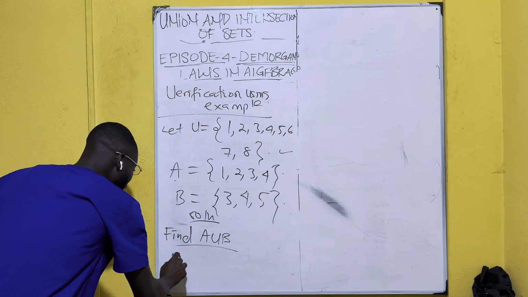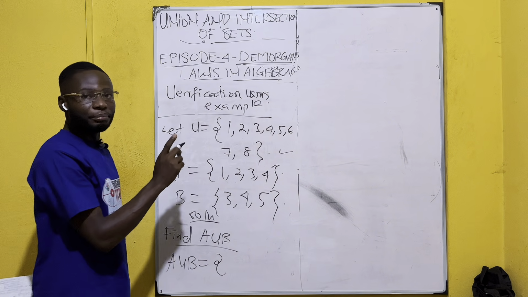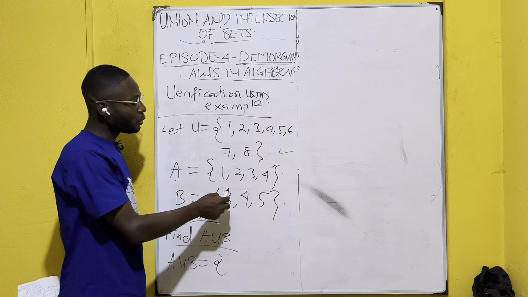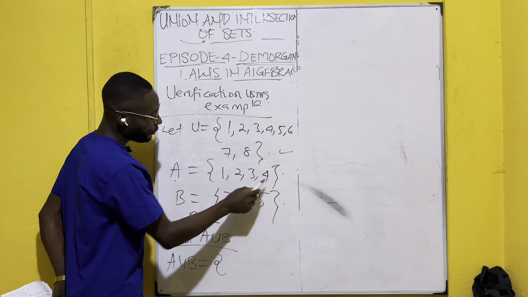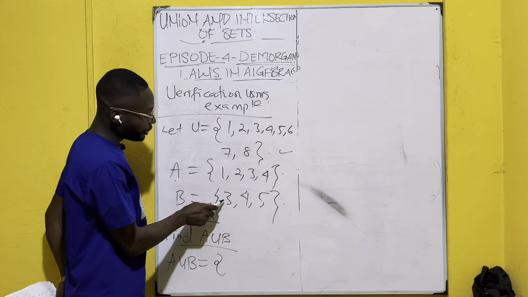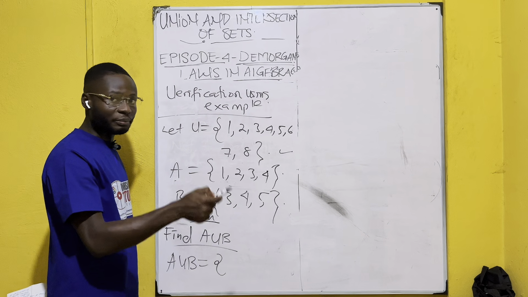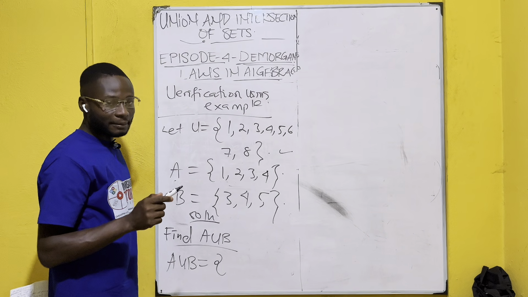So A union B here is equal to, A union B means that we are combining A and B. So the summation of A and B. So 1, 2, 3, 4, and 5. Because we have 3 and 4 in A, so we don't include it again. It becomes repetition. We are not interested in repetition of items, right?